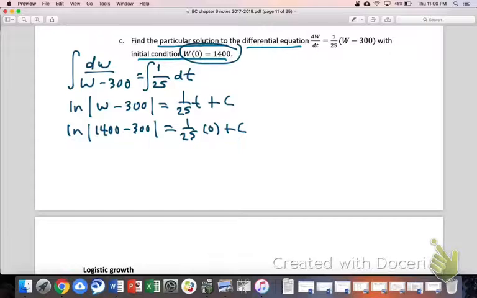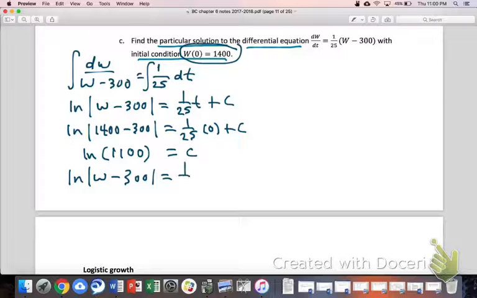So of course we get just c on the right side, and on the left side we're going to get natural log of 1100. All right, so then I can just plug that back in for the c and try to solve for W. So it'll be ln of absolute value of W minus 300 equals 1/25 t plus natural log of 1100.